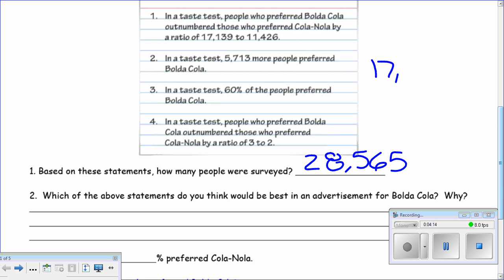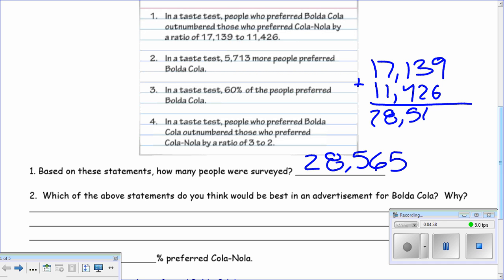In statement 1, they stated that people who preferred Bolda Cola outnumbered those who preferred Cola Nola by a ratio of 17,139 to 11,426. So we can simply add these to get our answer of 28,565.